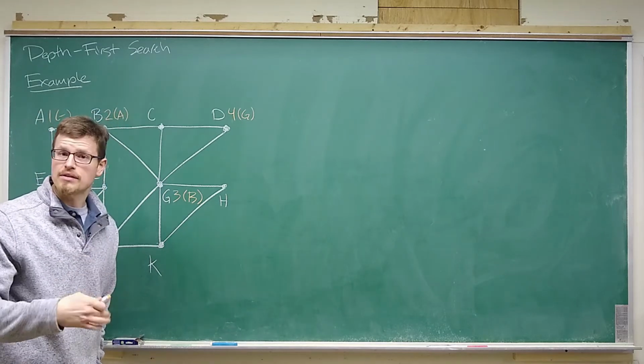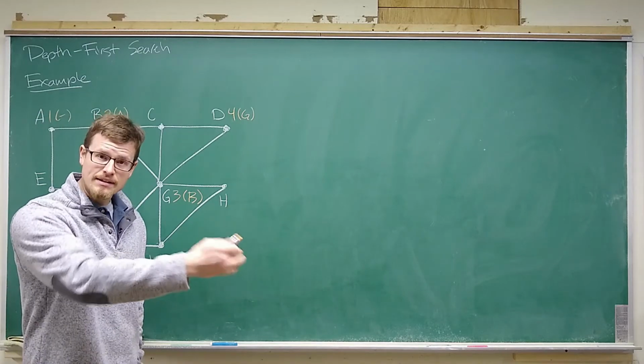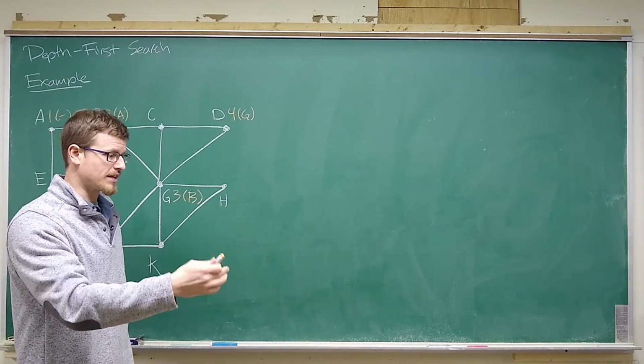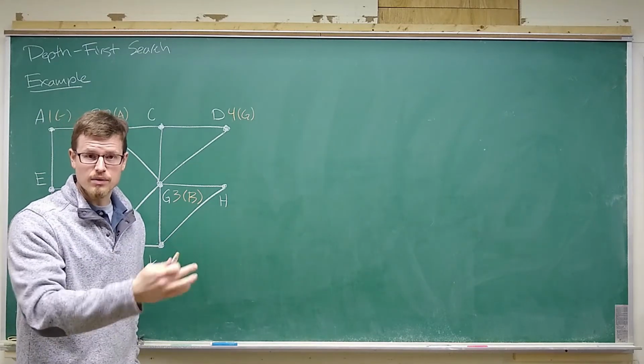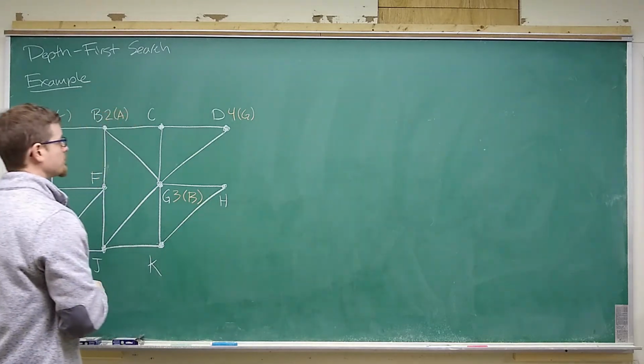The goal here is to travel to a vertex which has not already been labeled. Once I hit a vertex that does not have any edges to unlabeled vertices, then I have to go back. So we'll see that in just a moment.